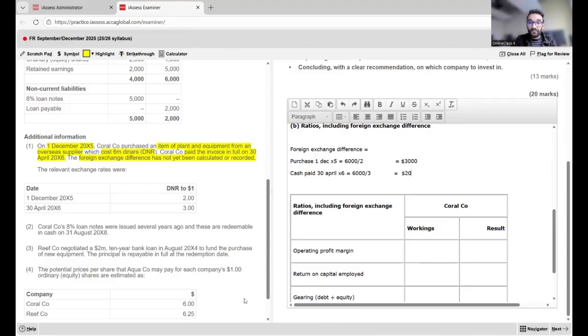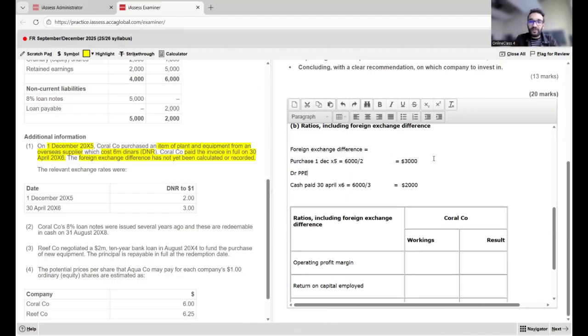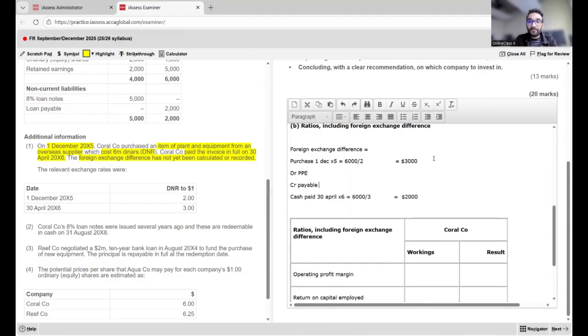See, at the purchase date, what entry did we make? Debit property, plant and equipment, credit payable. It means the payable is recorded at $3,000. But now we have paid the payable and we incurred only $2,000. We need only $2,000, so it is a settlement of the liability. It is the gain on settlement.